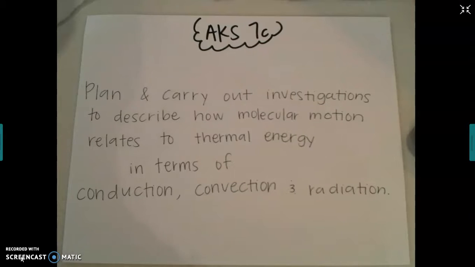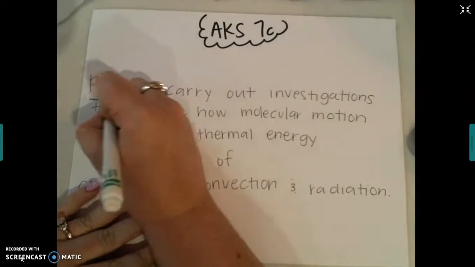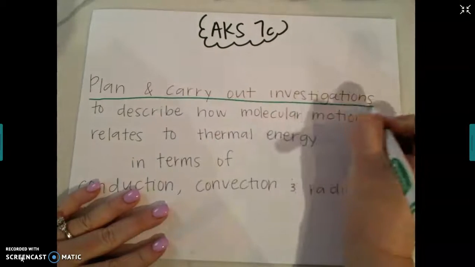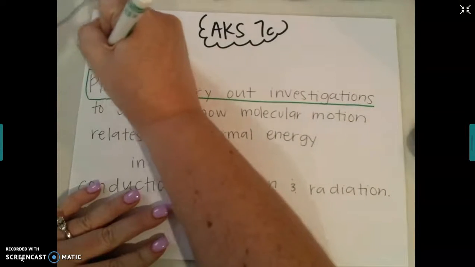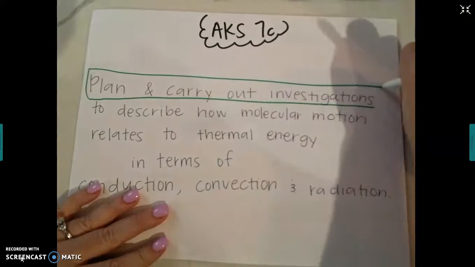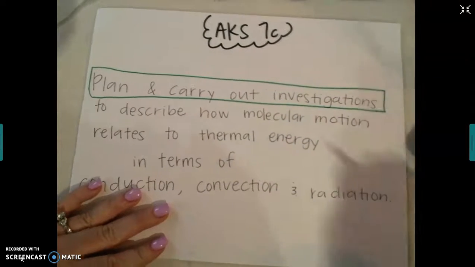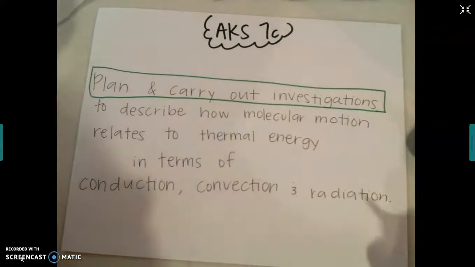So let's start out by picking out our key terms as we go through our AKS. I think that plan and carry out investigations is certainly going to be an important science skill we need to be able to do to complete this standard and to master this AKS.